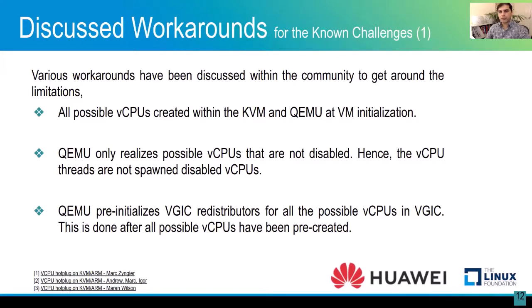And of course, because the redistributors are for each of the vCPUs, they're both present together at the VM init time. So there have been certain discussions related to these. You can refer to below. I've just provided the links.